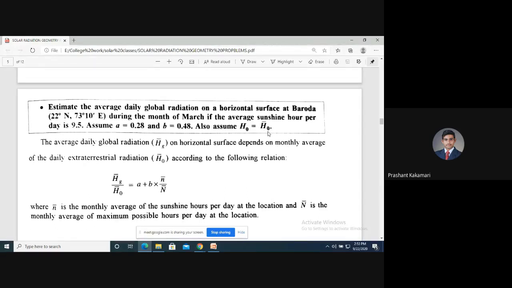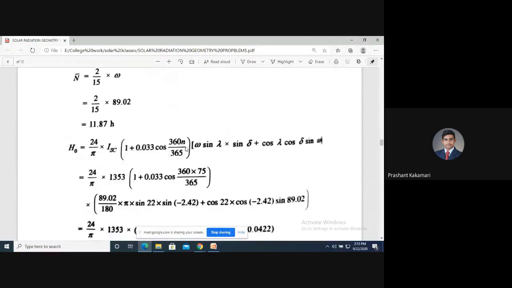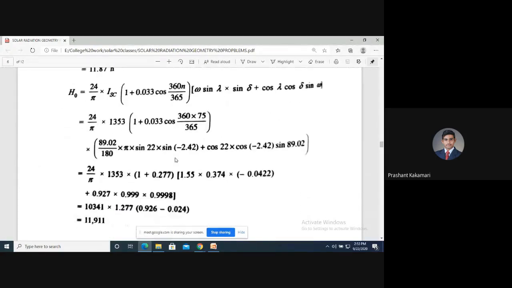If I say globally, it is wrong. It represents H naught bar, the monthly average extraterrestrial daily radiation on a given horizontal surface. So I can assume that as H naught bar because I have taken the middle of that month, which represents the monthly average. So we'll find out H naught and write it as H naught bar.